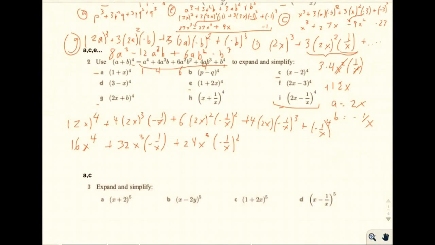Negative 1 over x squared is just 1 over x squared, okay? And the negative sign disappears because it multiplies times itself.